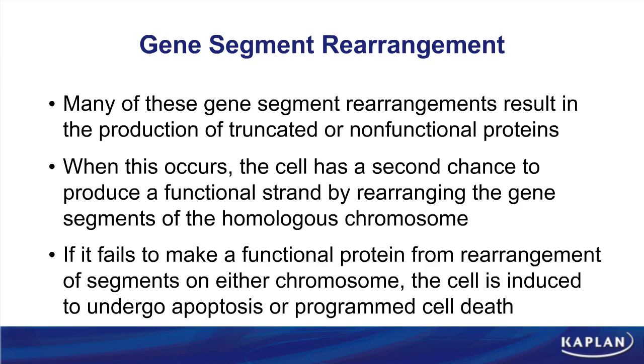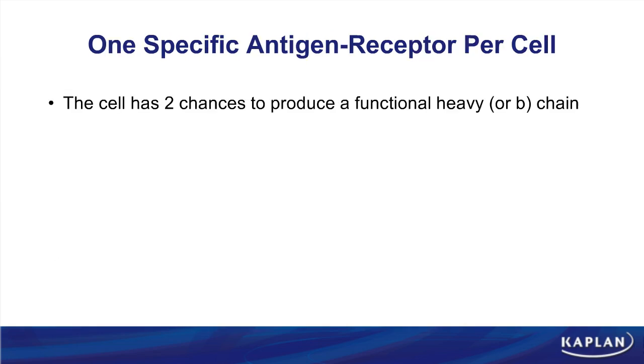So if it doesn't rearrange a functional protein, we eliminate it. We just talked about how a cell has two chances to give us a functional heavy chain, and if that doesn't happen, the cell will undergo apoptosis.